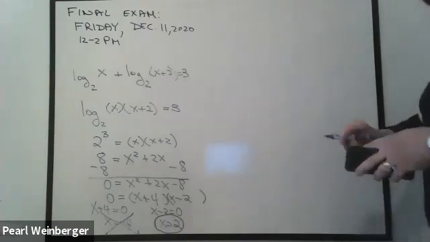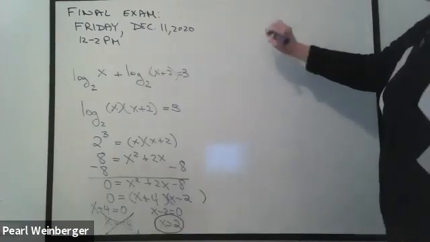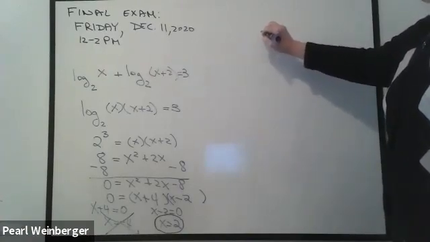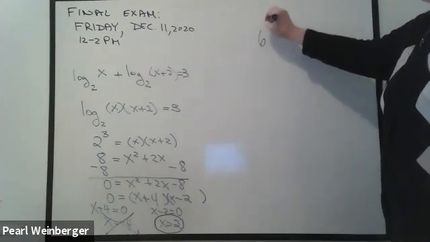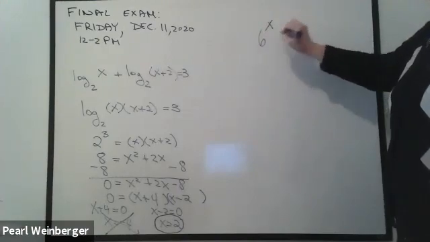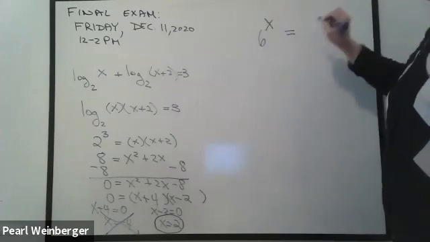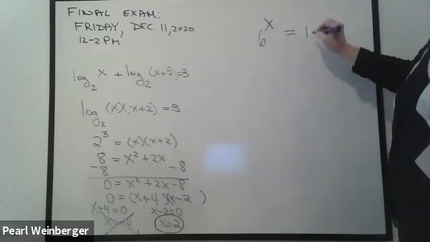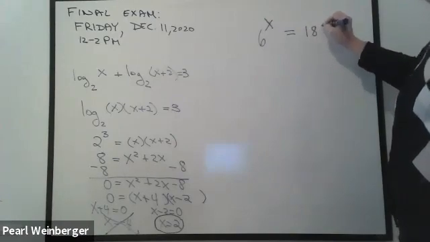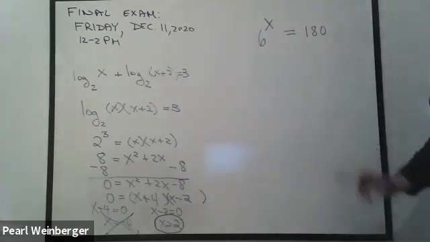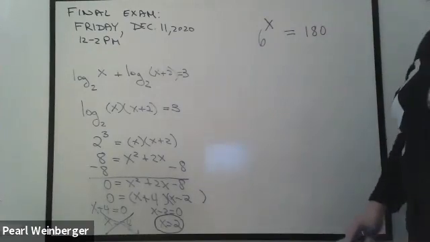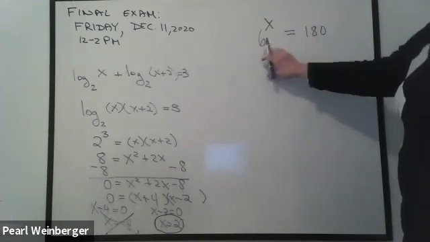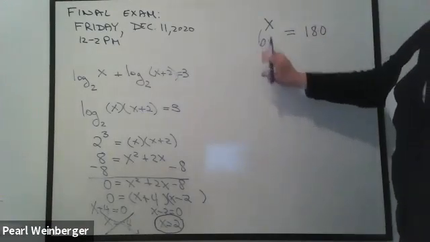So let's say I gave you an equation that looks like this: 6 to the x power equals 180. So my first question is, could I put 180 in base 6?